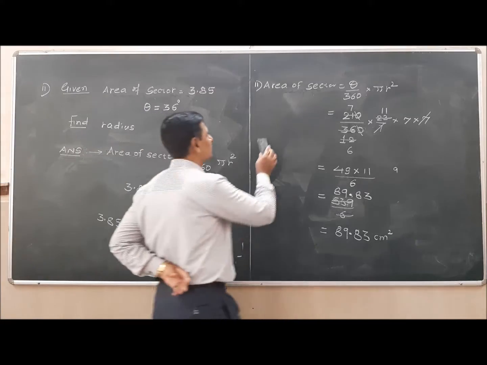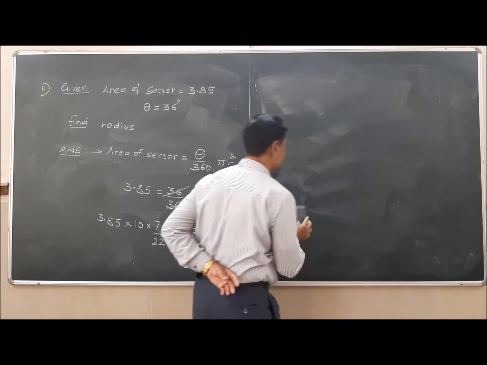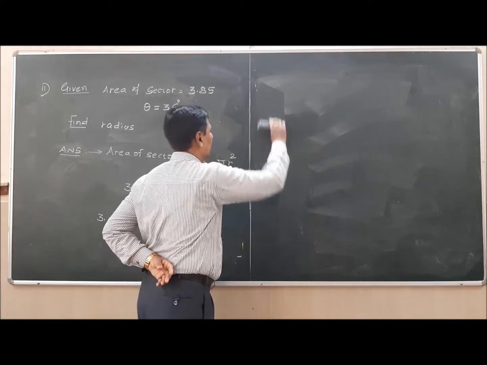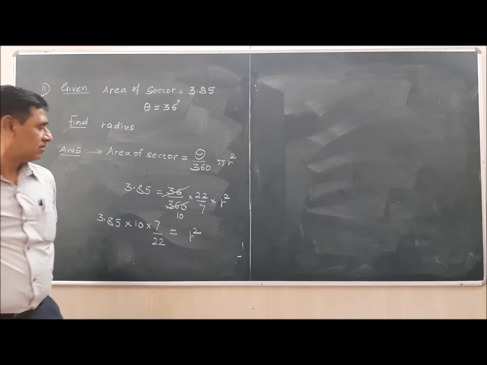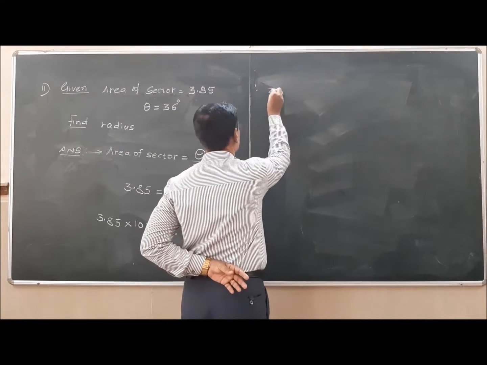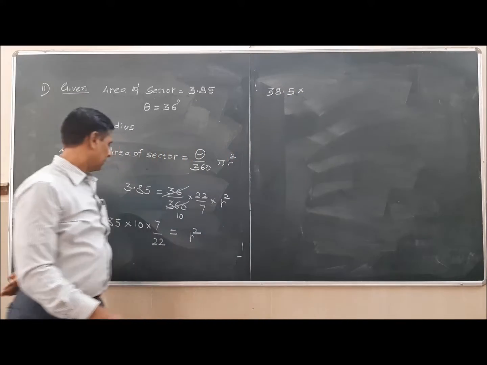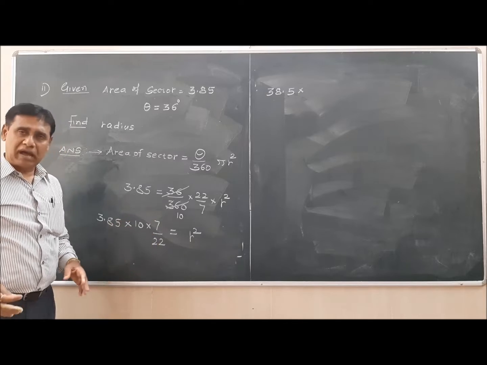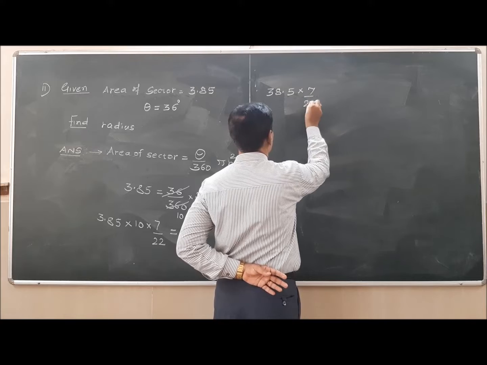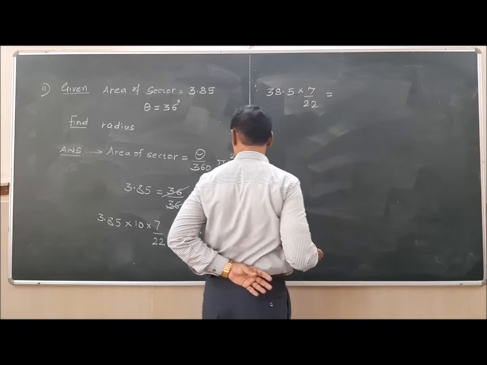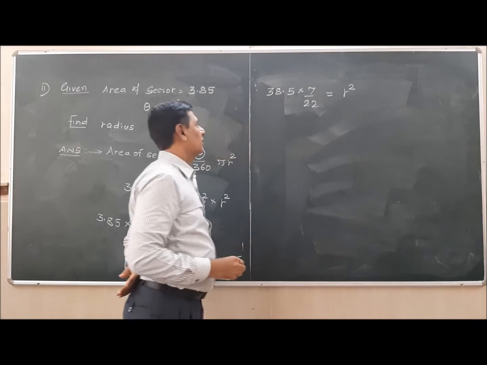So the next step: we get the value here as 38.5 multiplied by 7 upon 22 as it is, that is equal to r square.